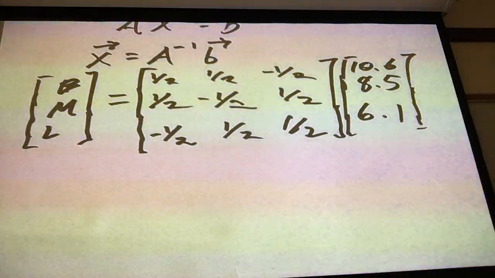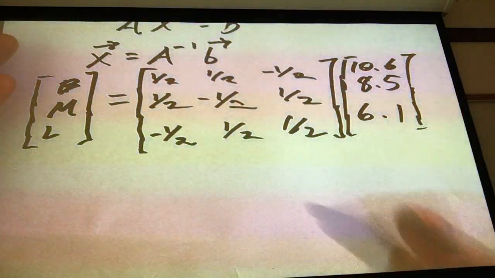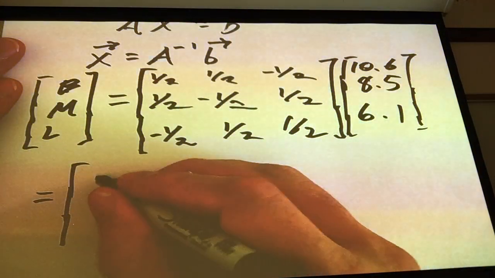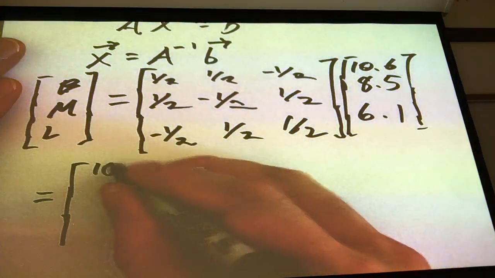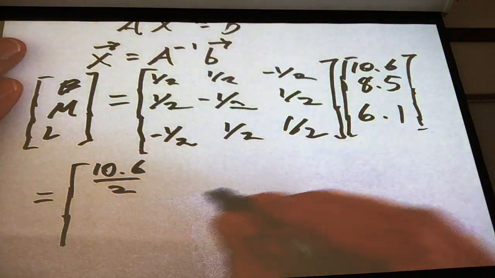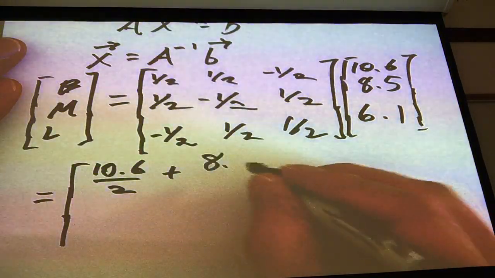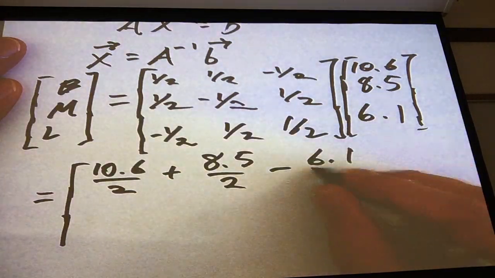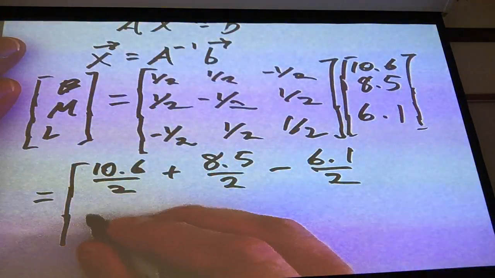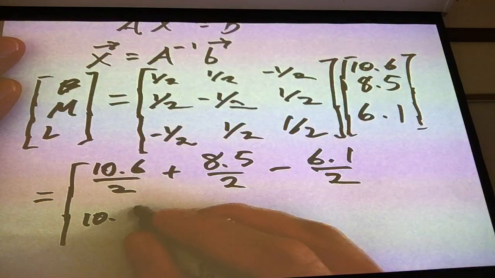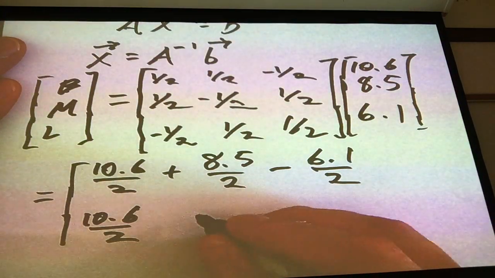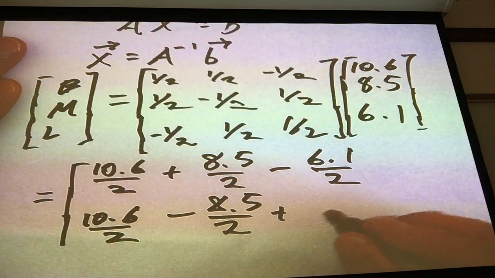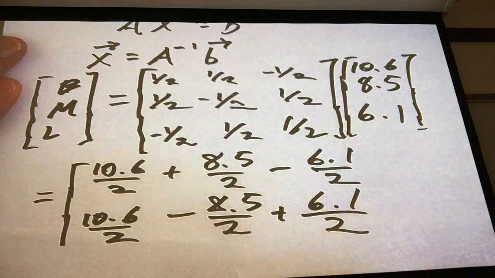So what is this thing going to equal? If I had that matrix act upon that, that's going to equal 10.6 divided by 2 plus 8.5 divided by 2 minus 6.1 divided by 2. Then 10.6 divided by 2, minus 8.5 divided by 2, and then plus 6.1 divided by 2.